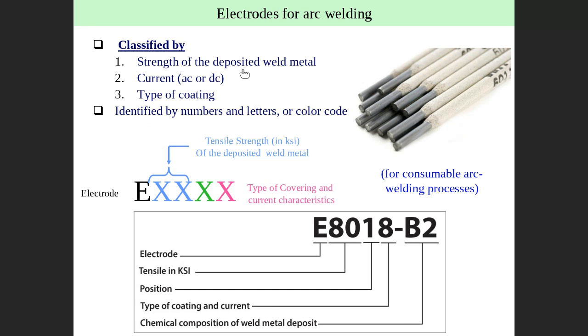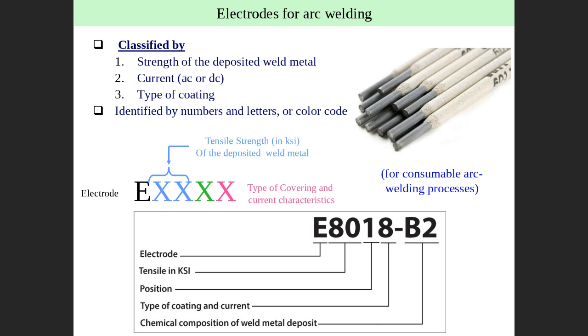Now, the electrode classification. As you can see here, this is the electrode generally used in welding. There is a specification written on the electrode like EXXXX. E means electrode.